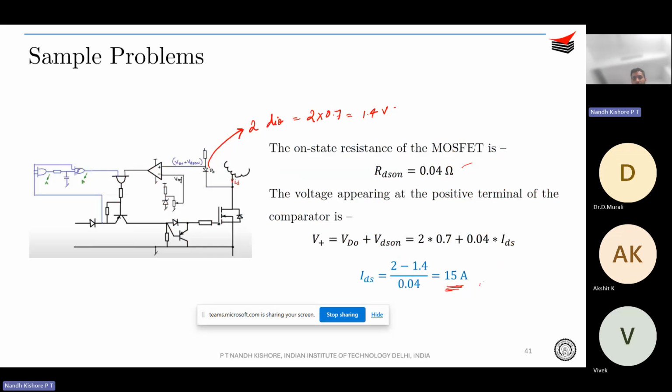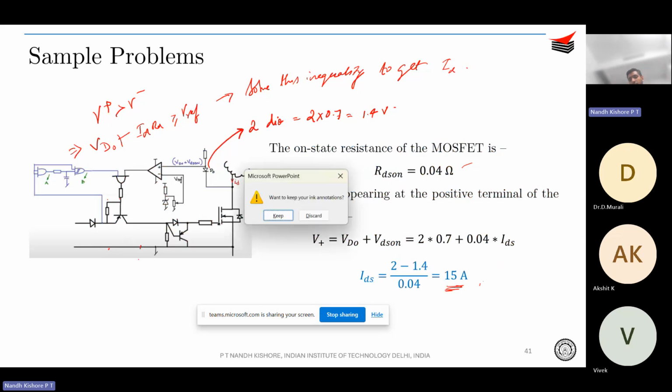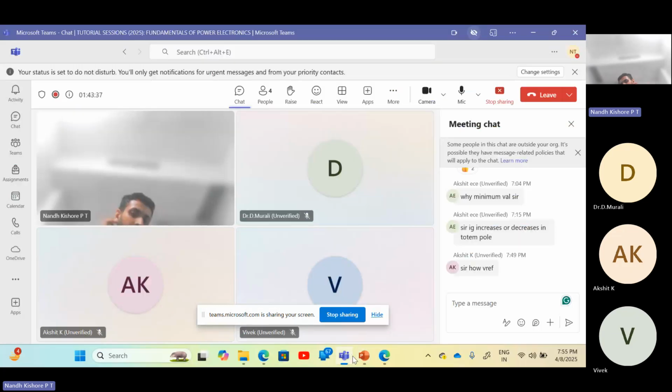Basically V plus more than V minus, or VD0, which is two diodes, plus IDRD should be more than V reference. Solve this inequality to get ID. Beyond that current, it will trigger. That's why it's an inequality, right? Beyond that ID, it will trigger.